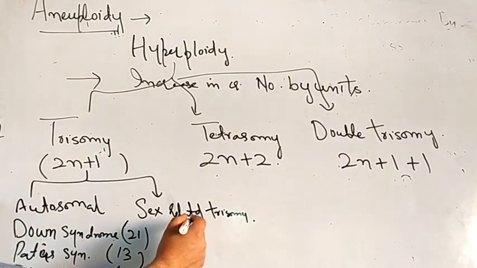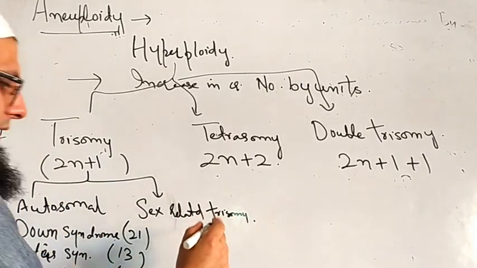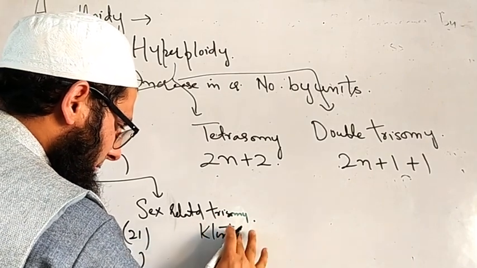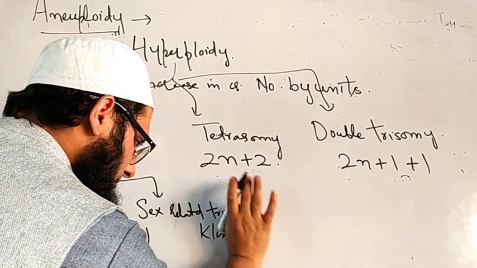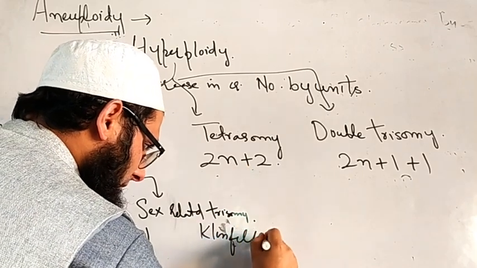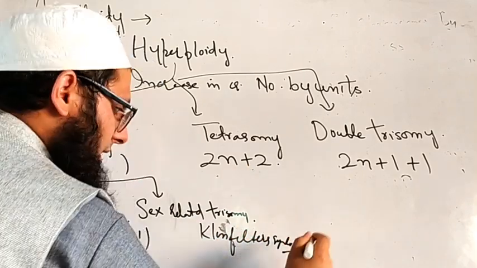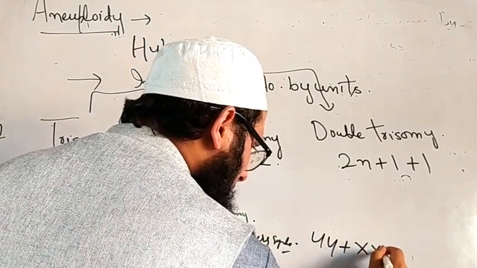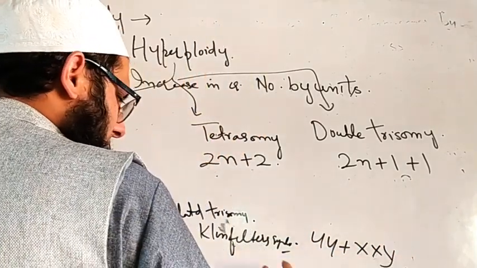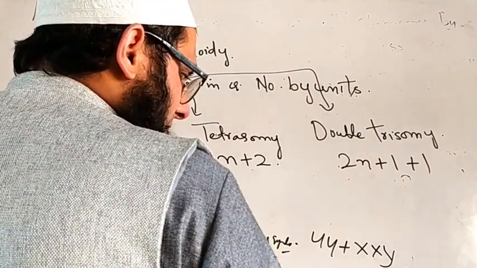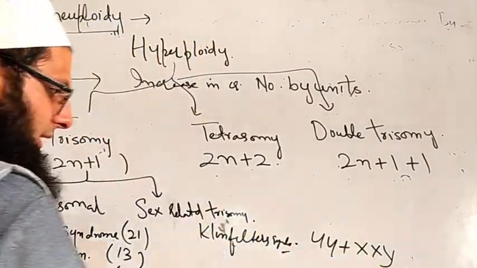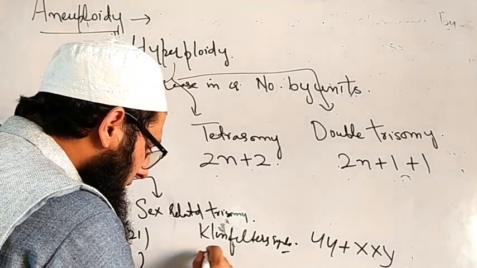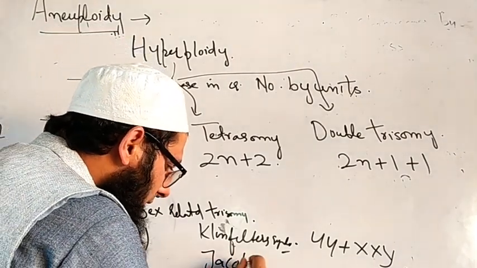However, when we talk about the sex related trisomy, we have got Klinefelter syndrome. We have the condition as 44 plus XXY. Okay, however, usually we have 44XX in females, and in case of males we have 44XY. And we can have Jacob syndrome.